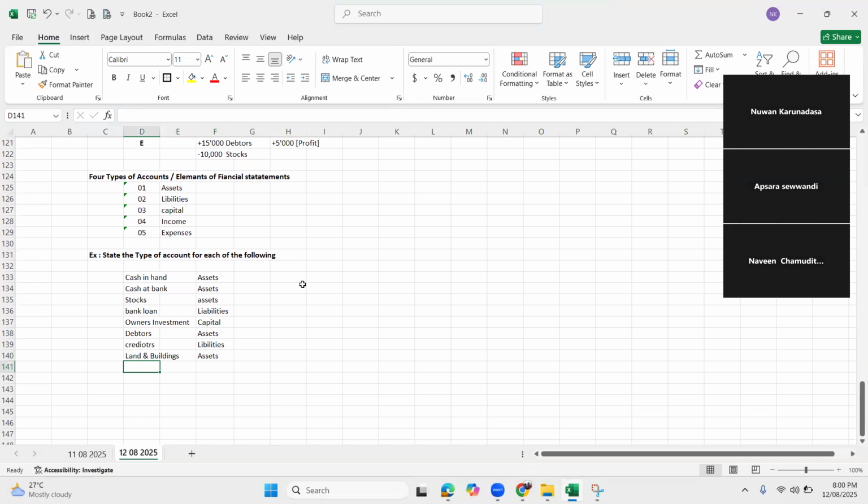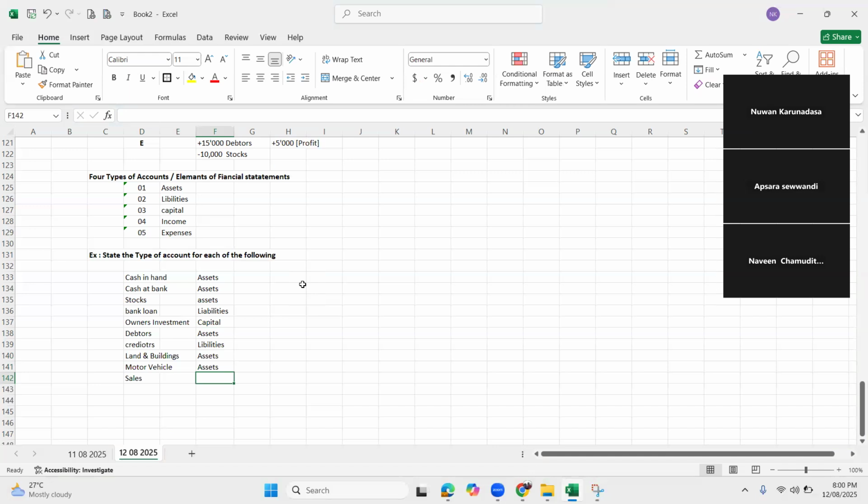Then motor vehicle. Assets. Then sales. A different one. What is it? Think carefully. Not an asset, wrong.